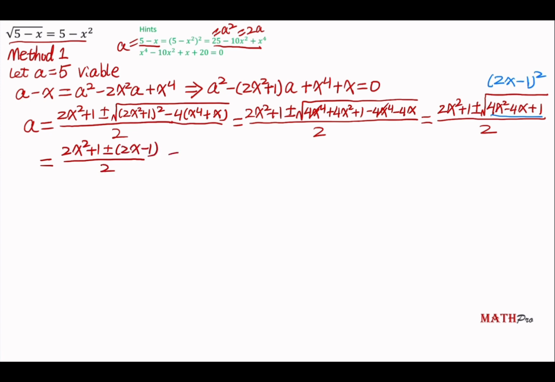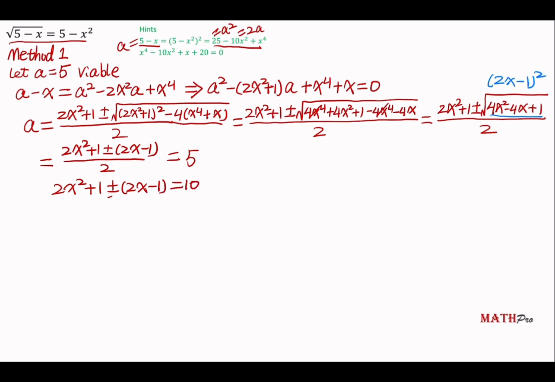And then we know the value of a is 5. So this equation can be organized as 2x squared plus 1 positive negative (2x minus 1) equals 10.